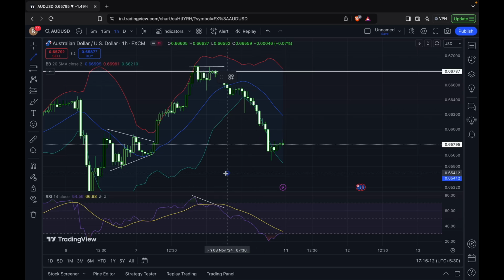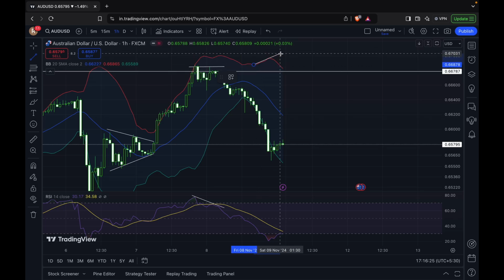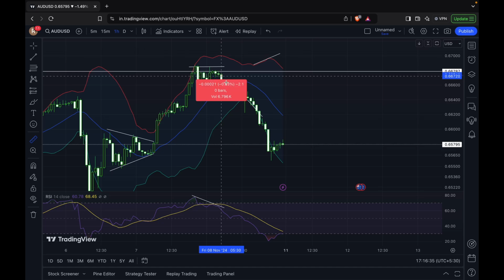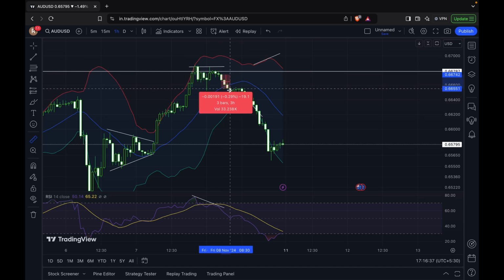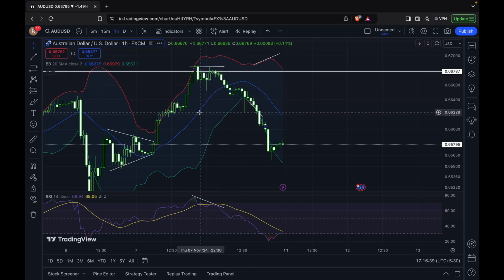You have overlapping factor 1, which is the key price level, 2, which is the double top pattern, 3 is the RSI divergence, and 4 is the divergence of the Bollinger Bands. So 4 overlapping factors are telling you that you can go short, and you also have three black soldiers or something like that candle pattern, and the moving average is also telling you to go short.